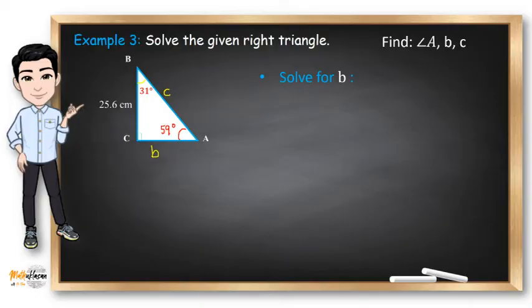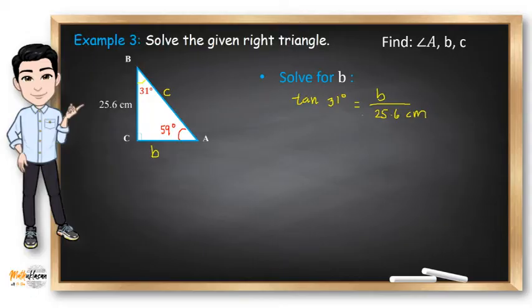So opposite and adjacent ang involved, therefore I need to use TOA or tangent 31 degrees is equal to opposite, which is the missing value, B, over the adjacent, which is 25.6 centimeters.